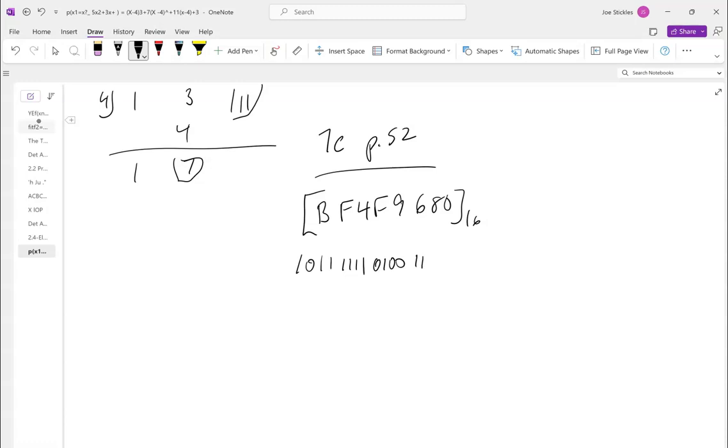F again is all ones. If you can't do it that quickly, with practice you will, because you're just going from 0 to 15, so it's pretty quick to figure out which one you need. 9 is an 8 and a 1. 6 is a 4 and a 2. 8 is just an 8, and 0 would be zeros.